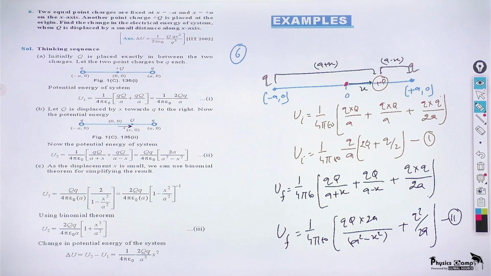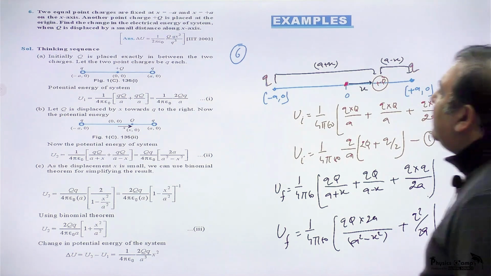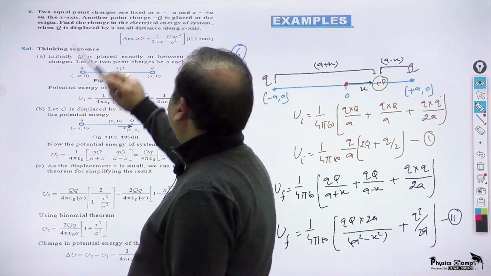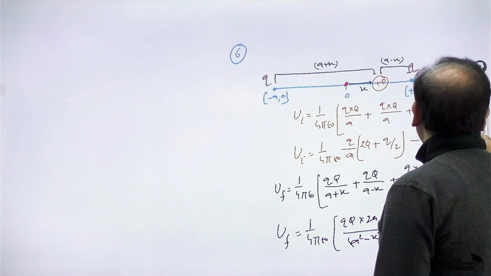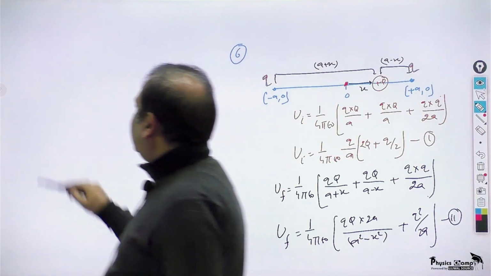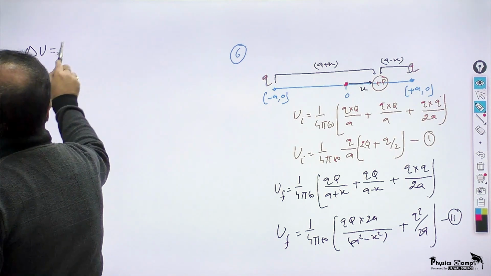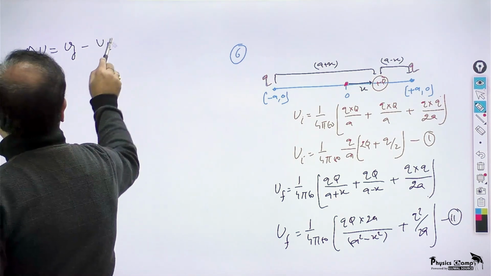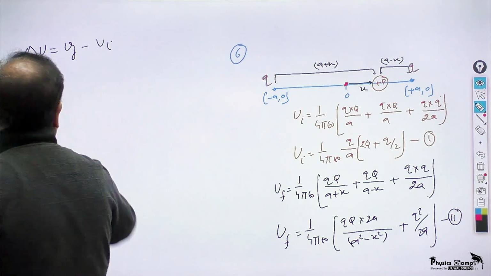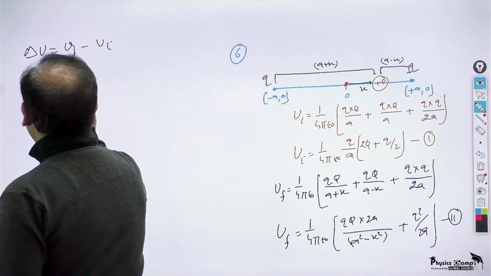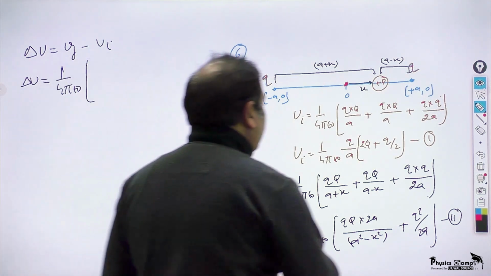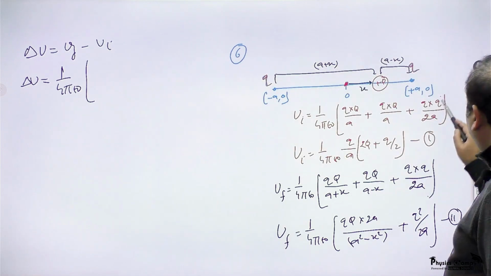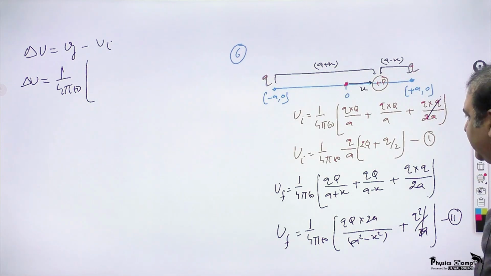Question is, find change in electric potential energy. So I am looking for change in electric potential energy. When I say change in electric potential energy, it will be U final minus U initial. U final minus U initial will be 1 by 4 pi epsilon naught. This q square by 2a will get cancelled in both.